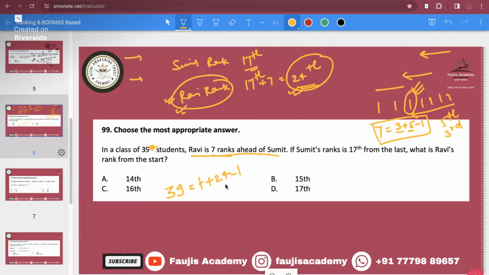Did I make some mistake in the previous one? So T plus 23 and 39 minus 23. How did we get 14 last time? Did I do some calculation error there?